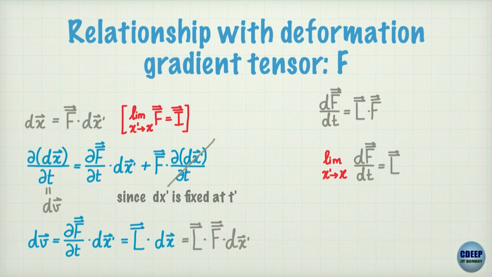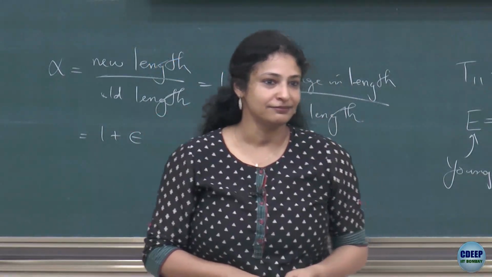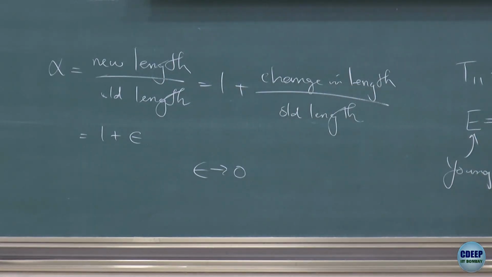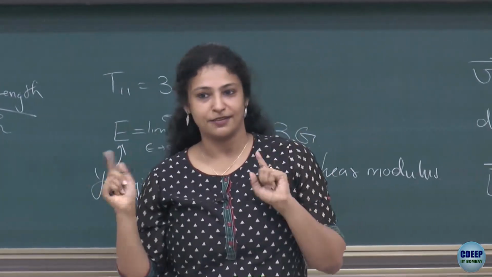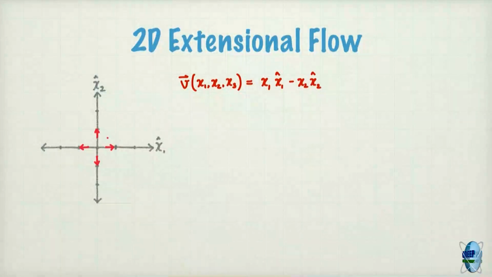The rate at which you are deforming should somewhere give you the velocity gradient tensor, right. The rate at which the deformation gradient is changing should give you the velocity gradient tensor, right. So, there is a derivative in space followed by a derivative in time happening in both those scenarios. Okay.